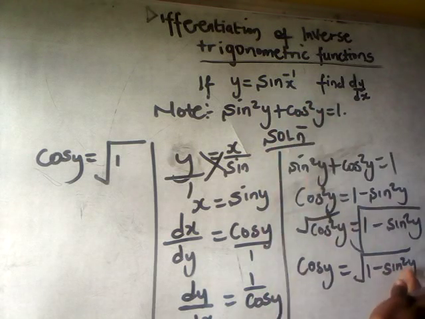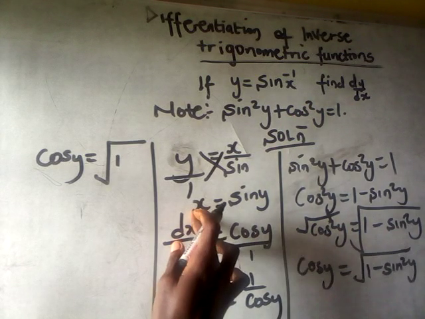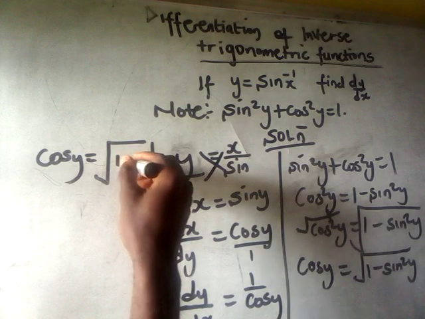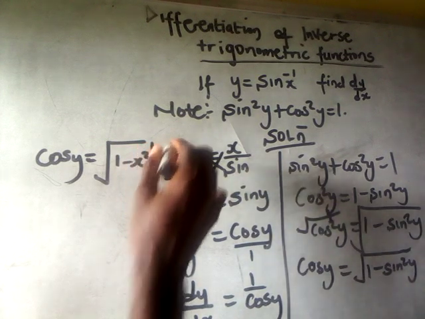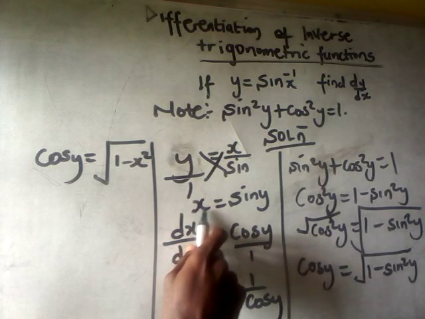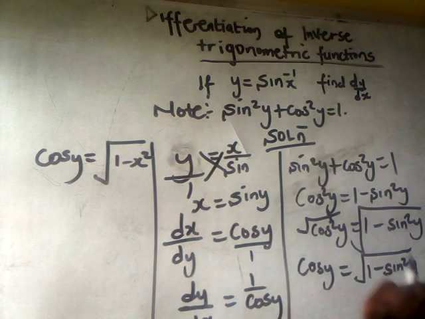Look at it, sin y is equal to x. So I will represent this with x. Have you seen now? Because my x here was given, I formed x to be sin y. So I have interchanged this to be 1 minus x². That is, sin y is x.